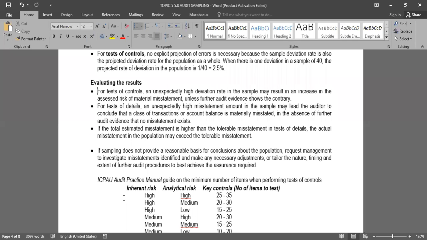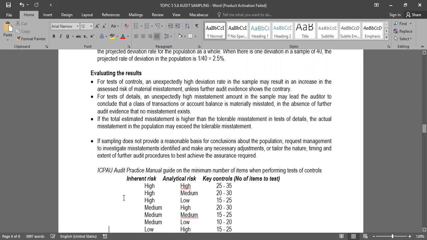This in short means that if you perform a test of controls or substantive tests, and you find that the sample is telling you there are far more errors than you expected, then generally there's material misstatement in our population. So that's how we evaluate results, as you're going to be seeing in the examples.